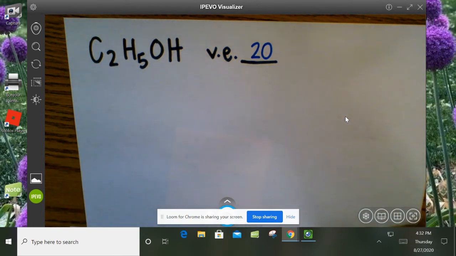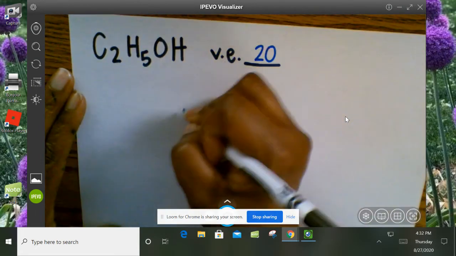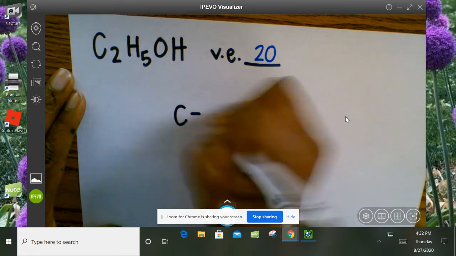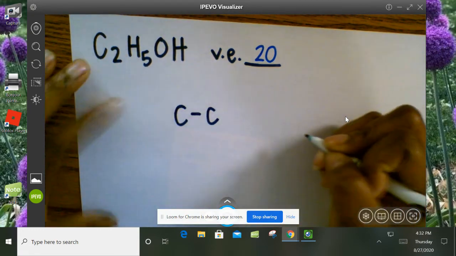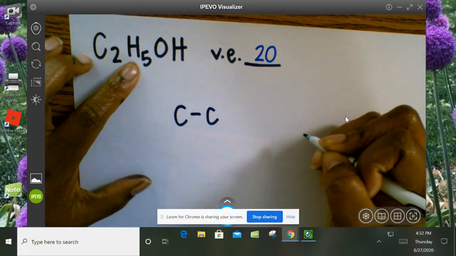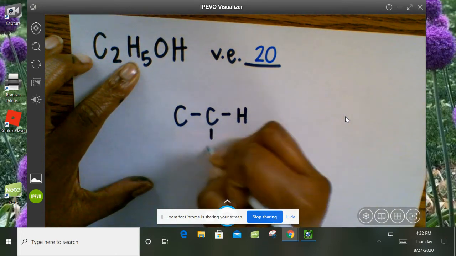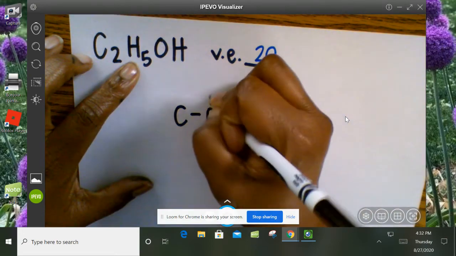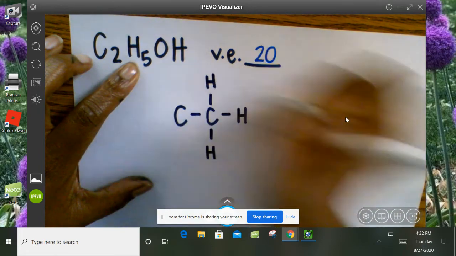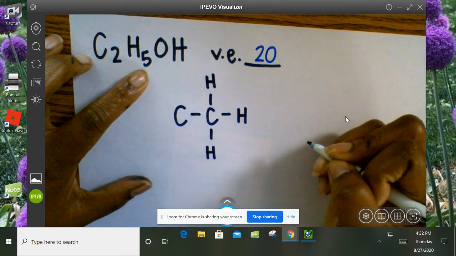I just said earlier that carbon can form chains, so we will connect those carbons. Carbon to carbon. Now I'm just going to start with my hydrogens. Hydrogen, hydrogen, hydrogen. That's three of them.